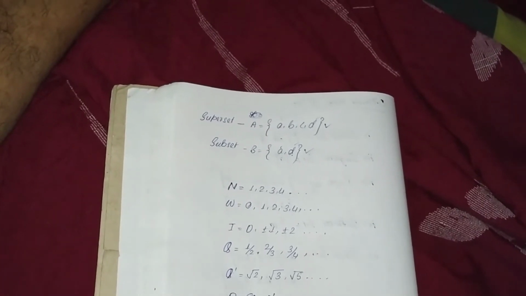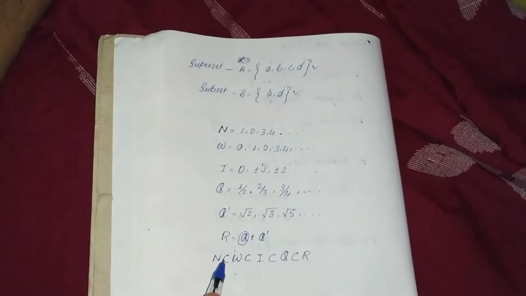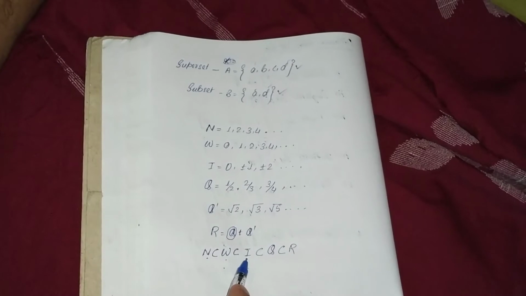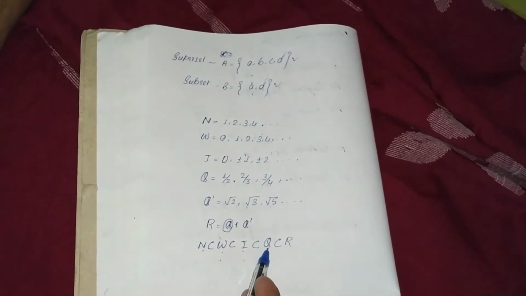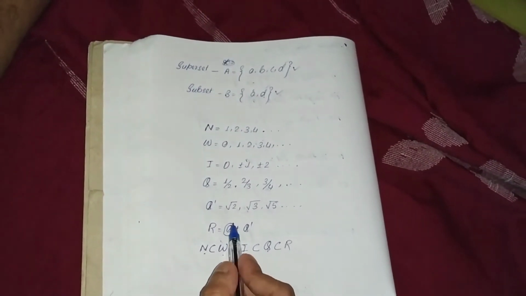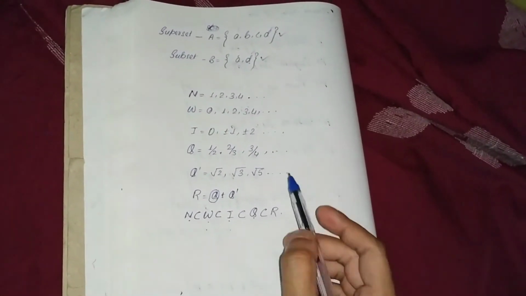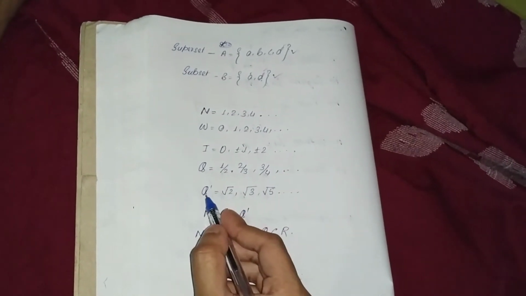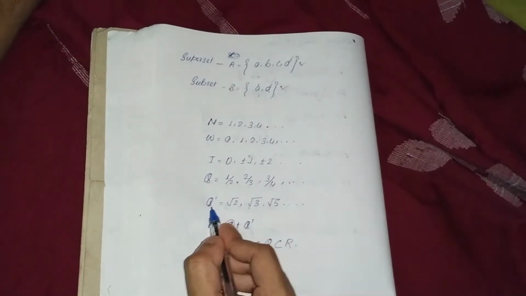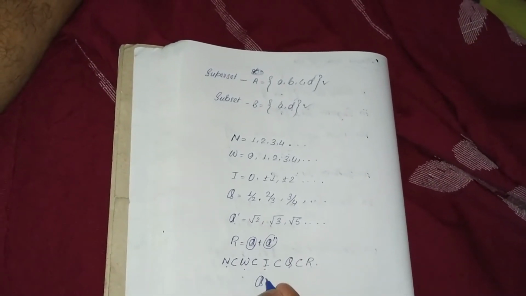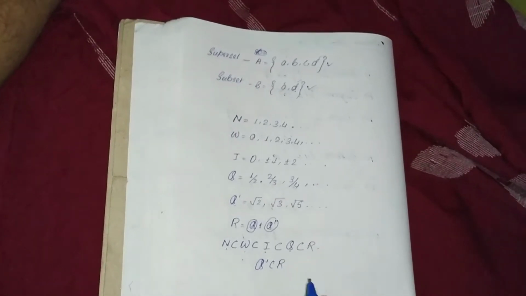Natural number is a subset of whole number, a subset of integer, a subset of rational number, a subset of real number. Okay. And we can see that the irrational number is also a subset of real number.